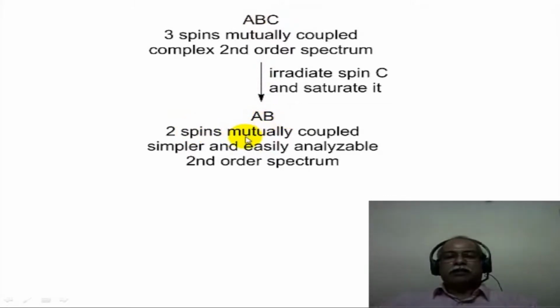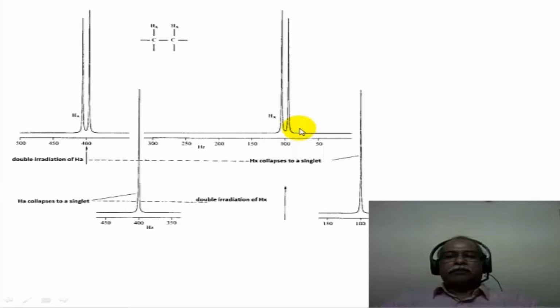An AB system is much easier to analyze. We know the methodology to analyze an AB spectrum much better than analyzing an ABC spectrum. So although it is still a second order spectrum, it becomes a more easily analyzable second order spectrum in terms of the smaller number of chemical shifts and coupling constants that one has to deal with to obtain this information from the spectrum.